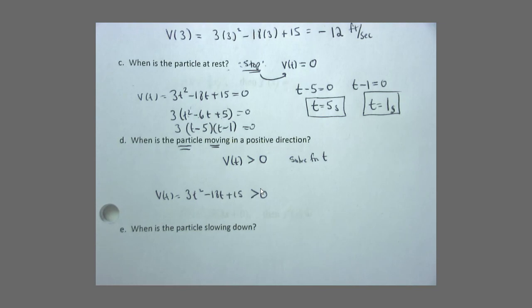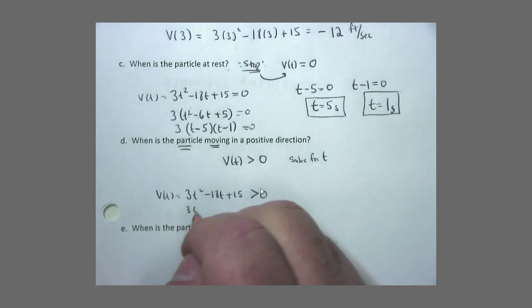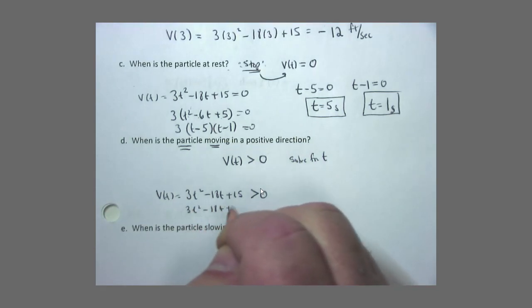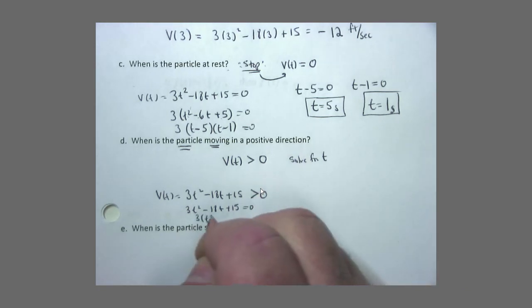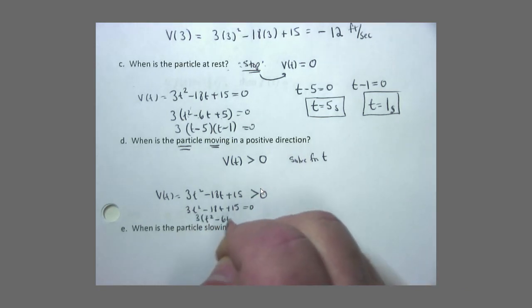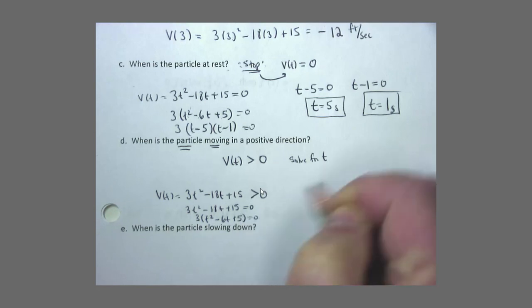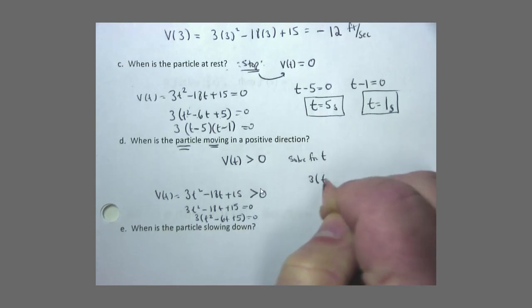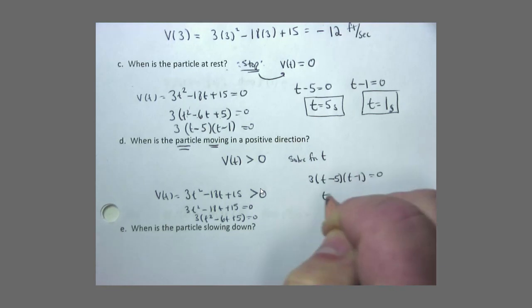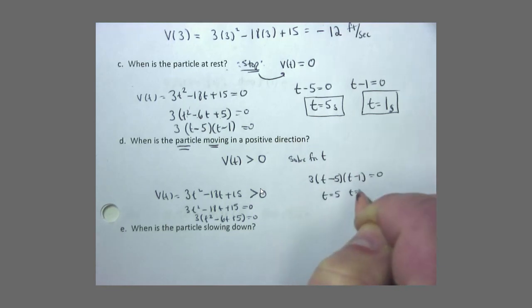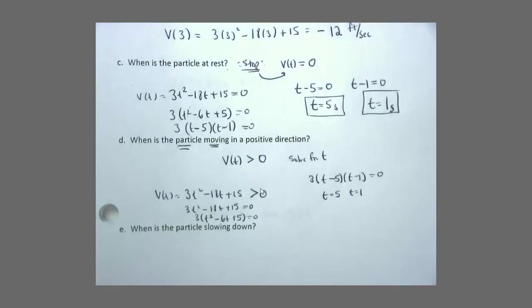Set it equal to 0. When I set 3t squared minus 18t plus 15 equal to 0, I factored out the 3. That becomes t squared minus 6t plus 5 equal to 0. Then I factored it some more: t minus 5 times t minus 1 equals 0. And I solve and I get t equals 5 and t equals 1.